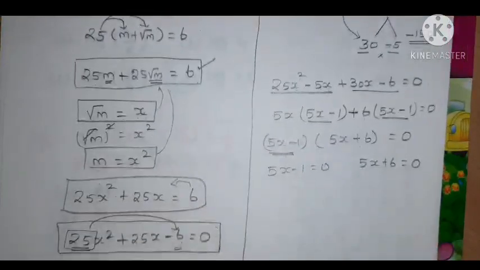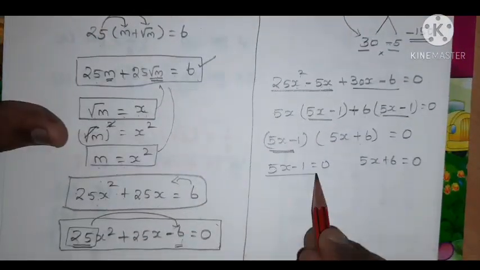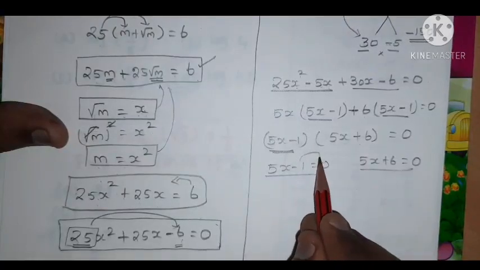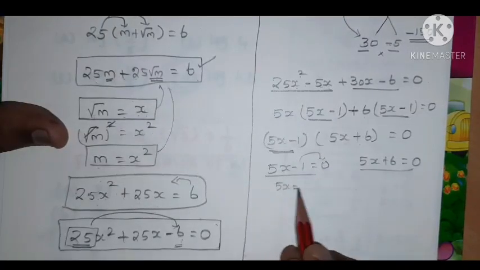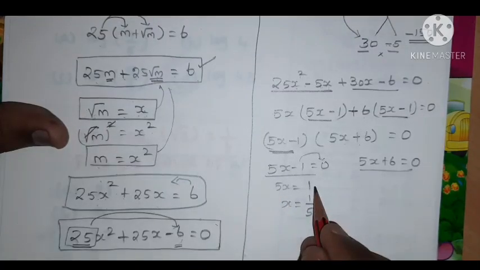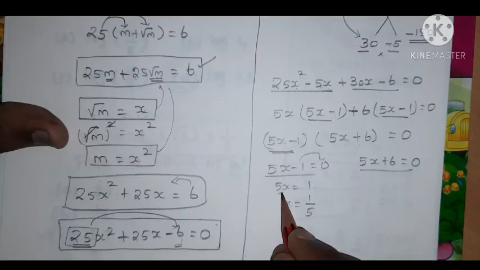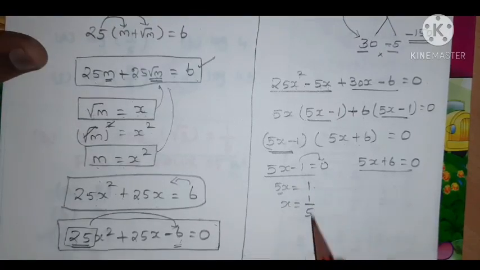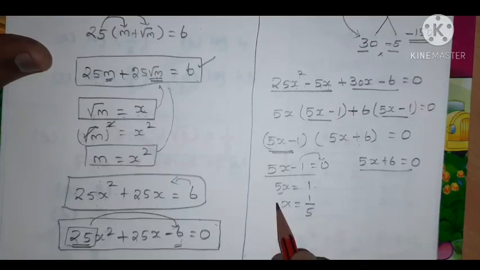Now solve this. Minus 1 goes to this side, so 5x is equal to plus 1, where x is equal to 1 by 5, because 5 is in product on the left-hand side, and when it goes to the right-hand side, it becomes division. So x is equal to 1 by 5.